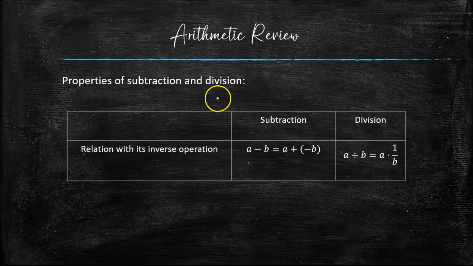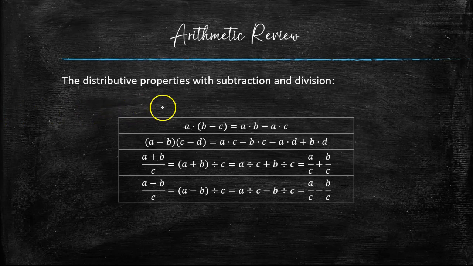Now, since subtraction is the undoing of addition and division is undoing of multiplication, of course there is a relation between these two as well. And this table demonstrates that relation. The distributive property can now be applied to division and subtraction, and multiplication, subtraction, and division and addition. And this table summarizes those properties.